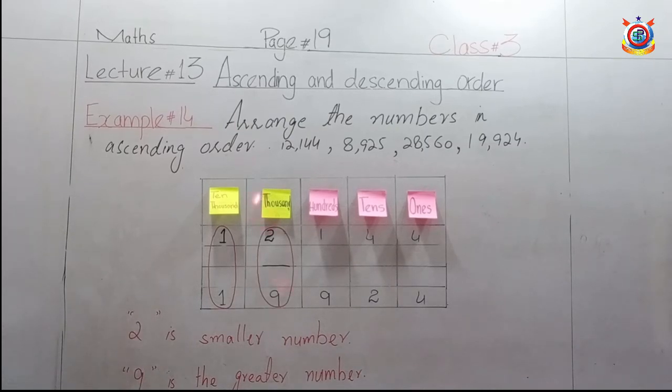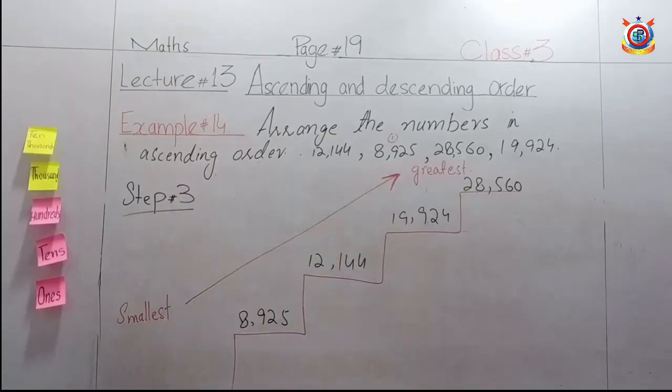Now look, 2 is smaller number and 9 is greater number. Therefore, 12,144 is smaller number and 19,924 is the greater number. Dear students, in step 3, we will arrange all the numbers in sequence in ascending order from smallest to the greatest number.